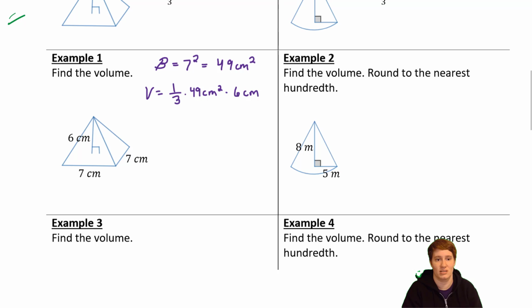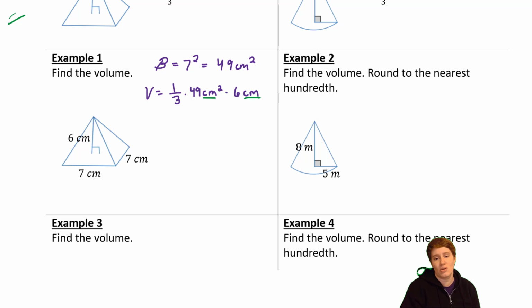Because then we can tell that centimeters squared times centimeters, my units for volume should end up being centimeters cubed, in the same way that x squared times x gives us x cubed. That would be the reason to include units along the way, to verify that we're getting the correct units at the end.